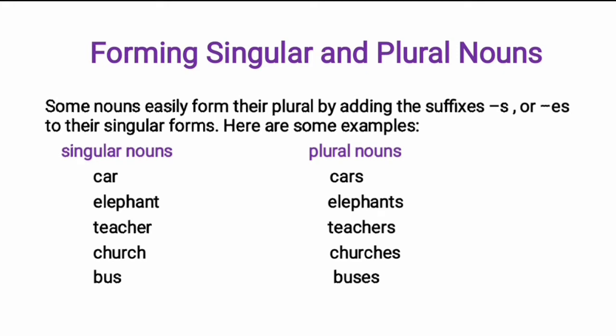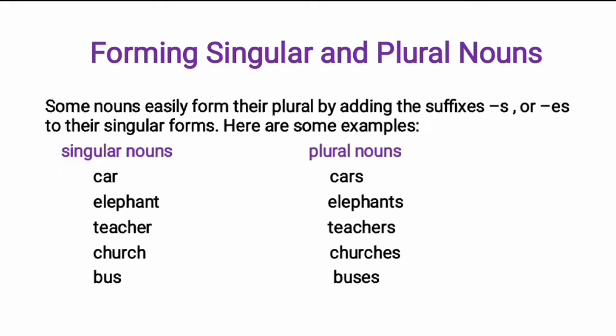Some nouns easily form their plural by adding the suffixes s or es to their singular forms. Here are some examples. So we have the singular nouns and we have the plural nouns. For the singular, we have car, then we have plural noun, cars. Elephant, elephants. Teacher, teachers.